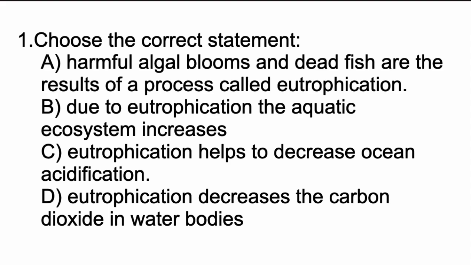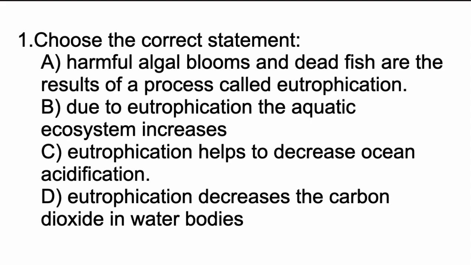So now what is actually eutrophication? In a water body, a green colored substance will fill the upper surface, and that causes an increase in carbon dioxide. Why does carbon dioxide increase?